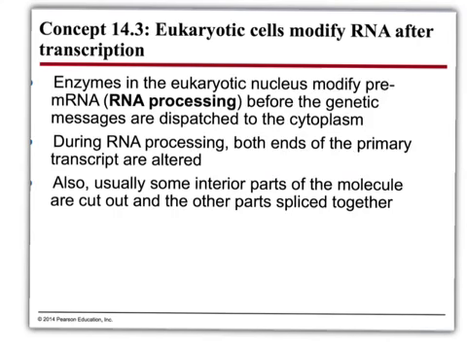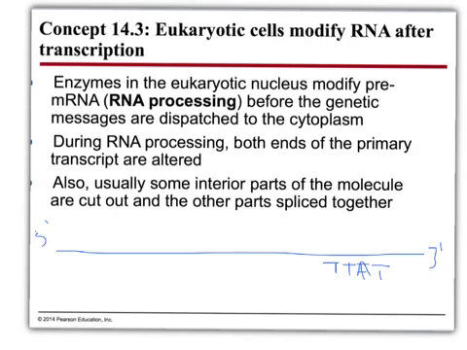So now, at the end of the terminator sequence, we have this primary transcript. Here's what your primary transcript looks like. 5 prime, 3 prime. There's a bunch of T's in here, that's the end of the transcript.